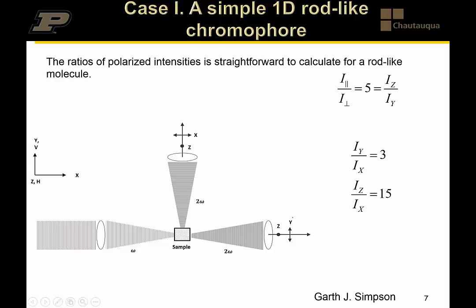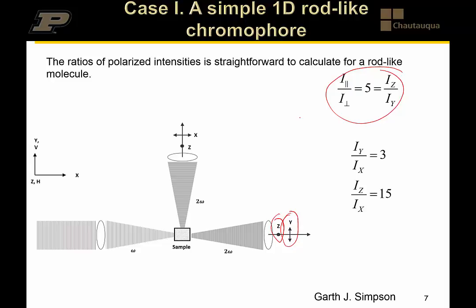This just summarizes those outputs. If we measure the co-parallel and compare that to the cross-polarized, with Z-polarized light coming in, that will give us a ratio of 5-to-1. The co-parallel polarization component is anticipated to be 5 times larger than the cross-polarized for an individual rod-like chromophore.